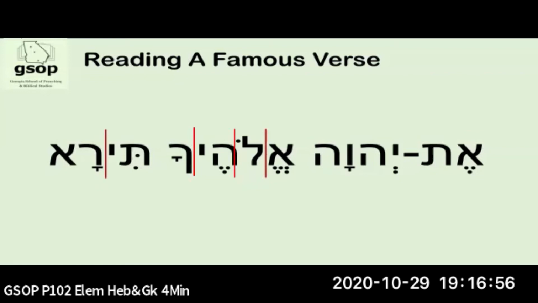So it's Eloheka. The last word is the tav with the vowel letter yod, so it's ti, and then the ra at the end, so tira.